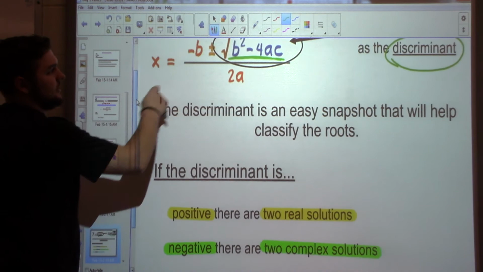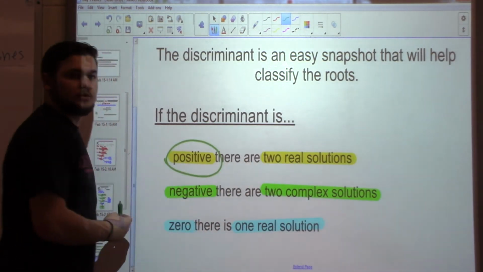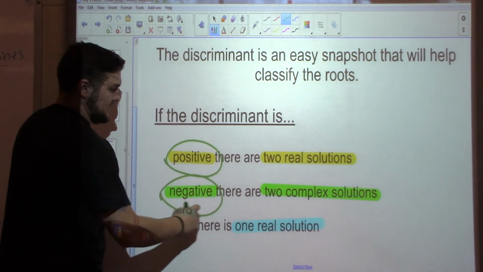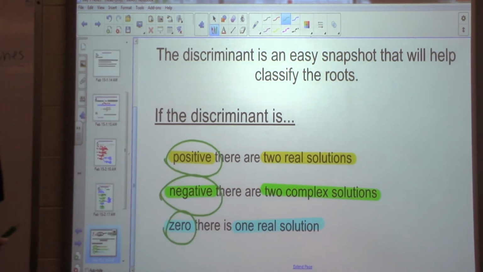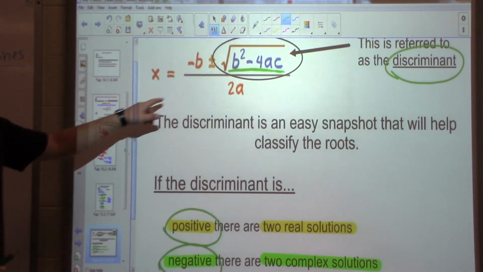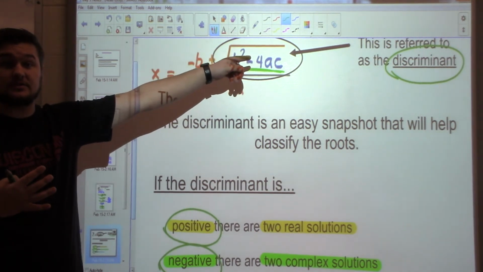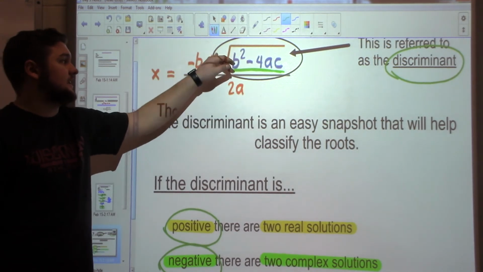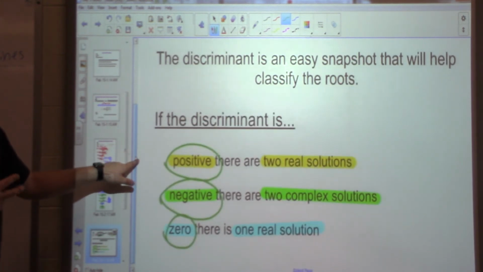If we plug in a, b, and c and it comes out positive, we get 2 real solutions. Negative, 2 complex. 0, 1 real. Because if it's negative under the radical, I'm going to get an i, so it gives me 2 complex solutions. If it's 0, it's adding and subtracting 0, which doesn't change it. That's why it's 1 real. And positive will give us 2 real.